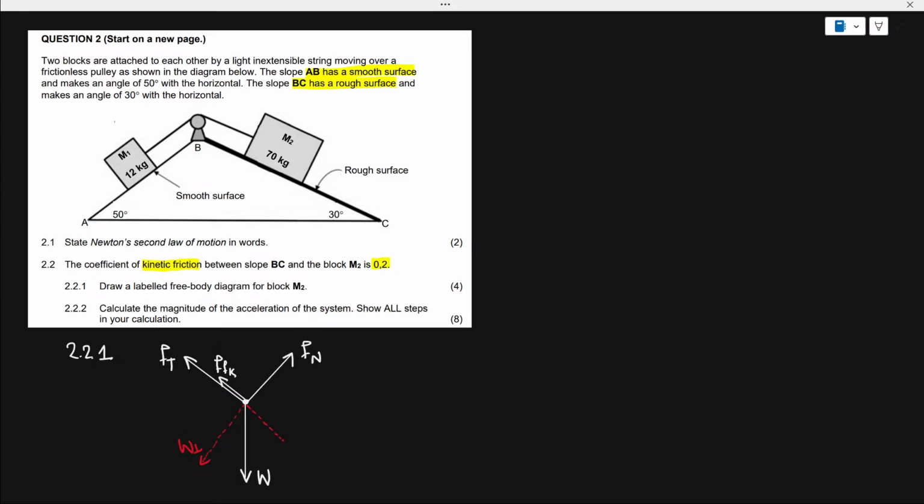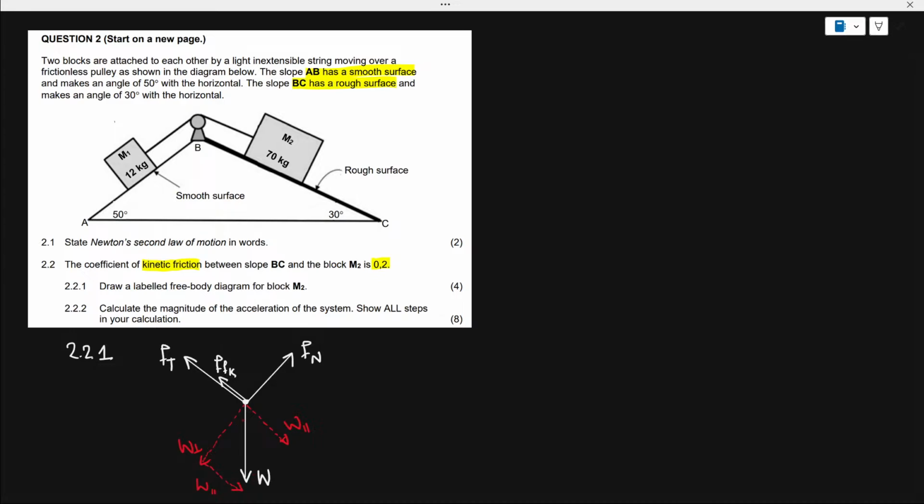And then we also have a parallel component, which is the component of the weight that is parallel to the surface. And this is always acting down the slope. So the weight parallel is always down the slope. But what I like to do is show that weight parallel here instead. So alternatively, you can show it there.